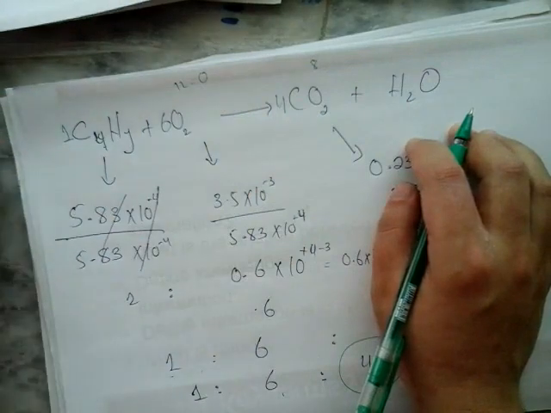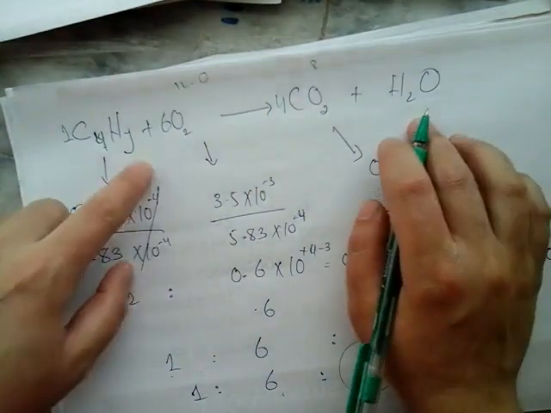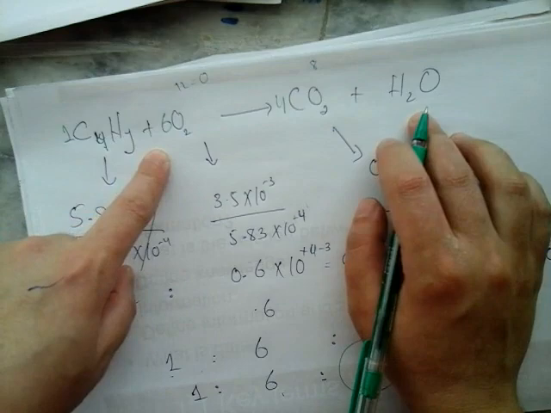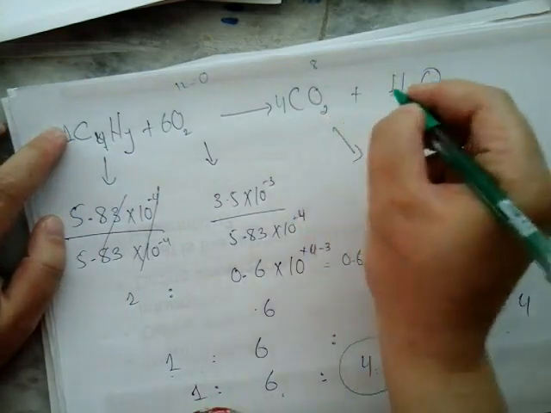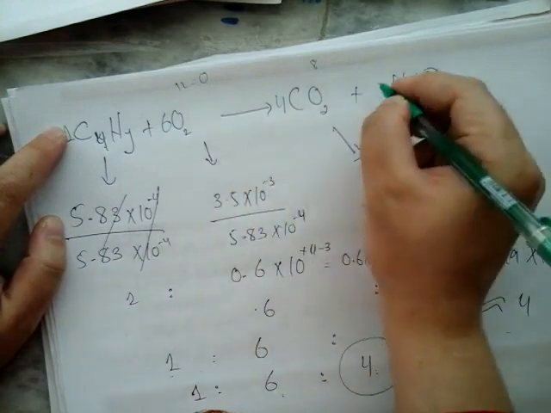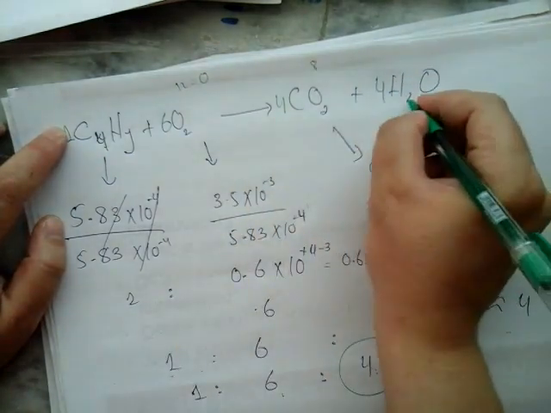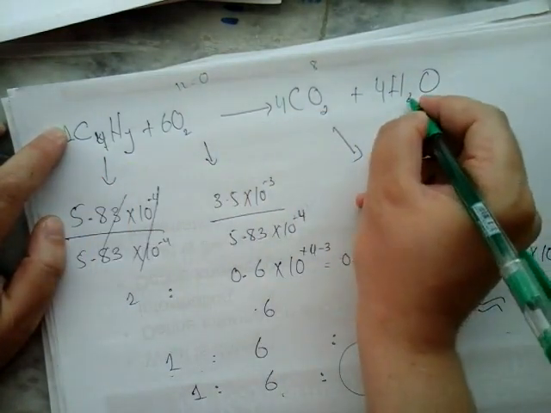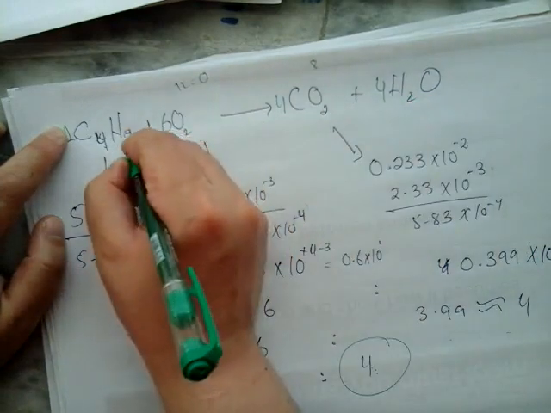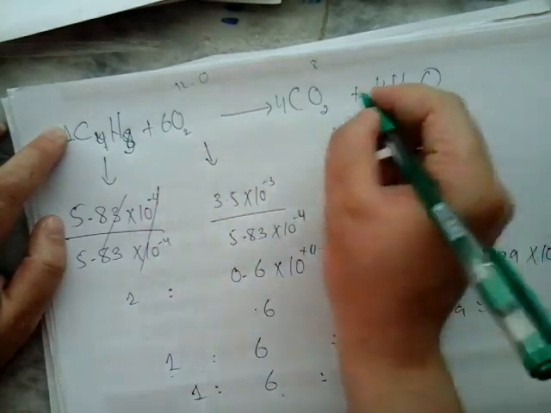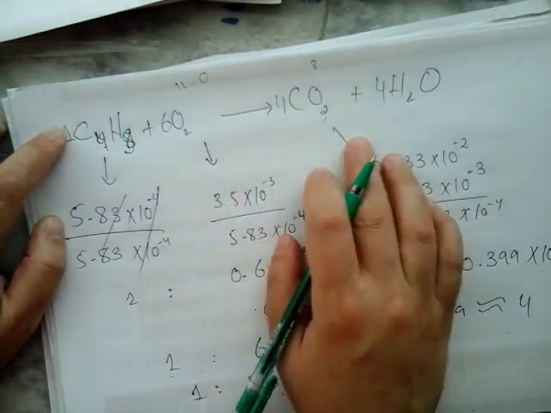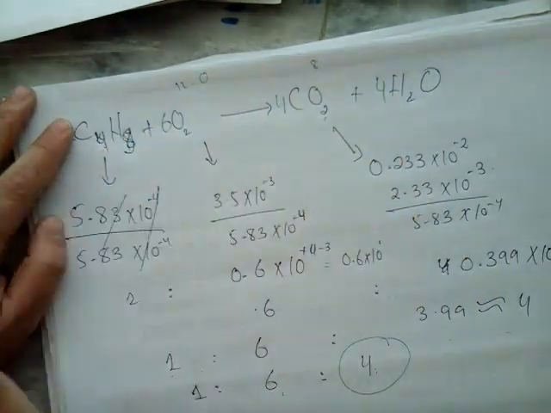I need almost 4, because 8 plus 4 is equal to 12. So the hydrogen atoms become 8 here. So 4 oxygen here and 8 over here, 8 plus 4 becomes 12 oxygen.